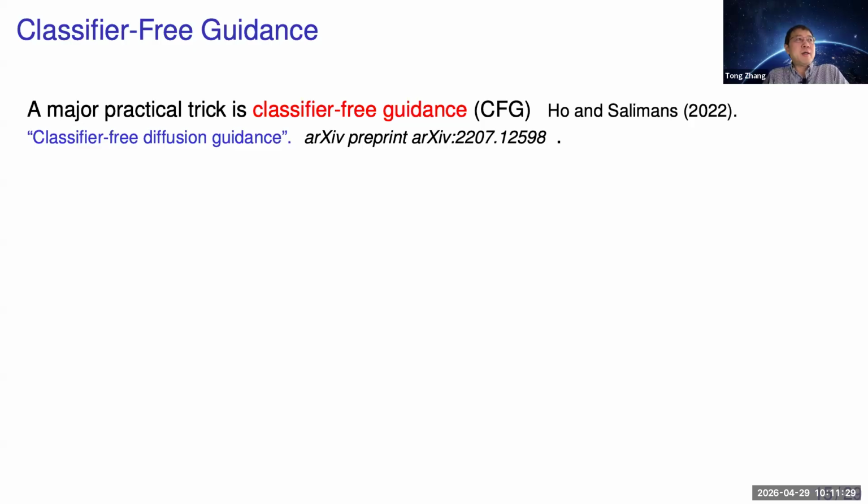There are other guidance methods now, motivated by this paper, which we will not talk about, but this one is very effective, and it's a method you can easily use.